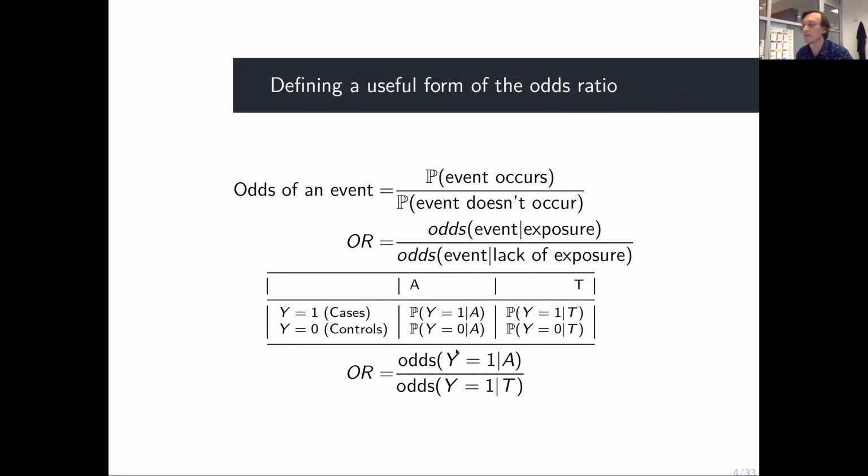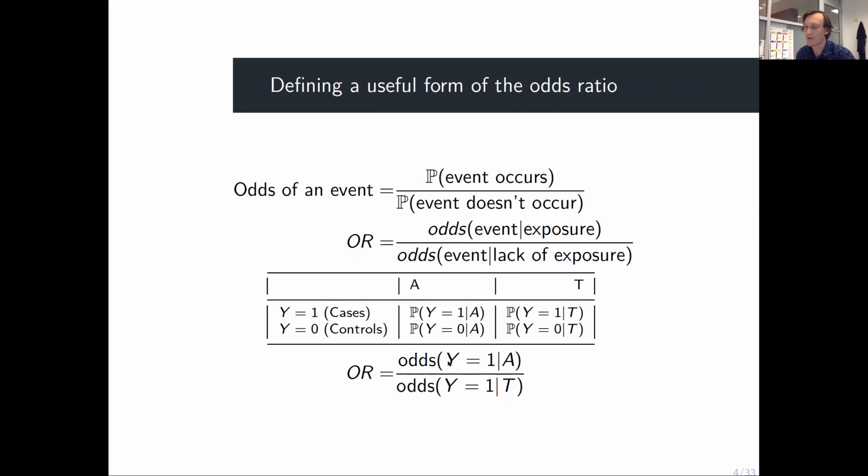This 2x2 table is a conceptualized example for a variant where it has allele A and allele T, and we have our cases and controls, where I'm going to call y equals 1 or y equals 0 for a case and a control, and we can express the conditional probabilities in this table. We can use those probabilities and plug them into this odds ratio to conceptualize what the odds ratio means in this context.